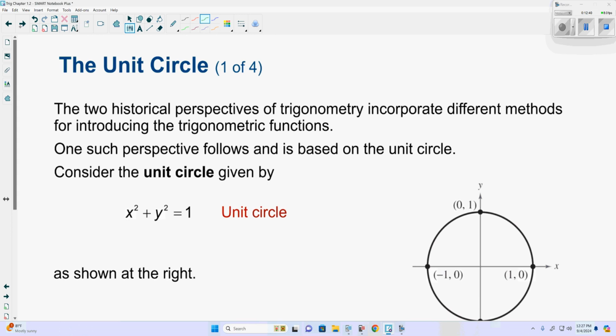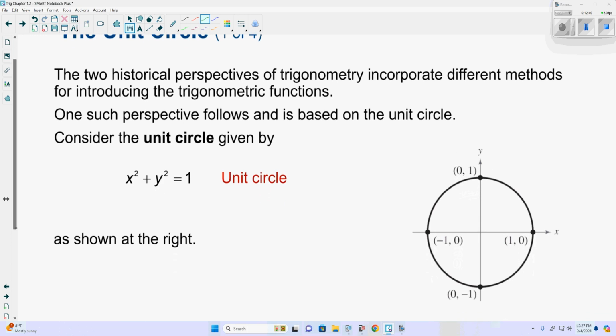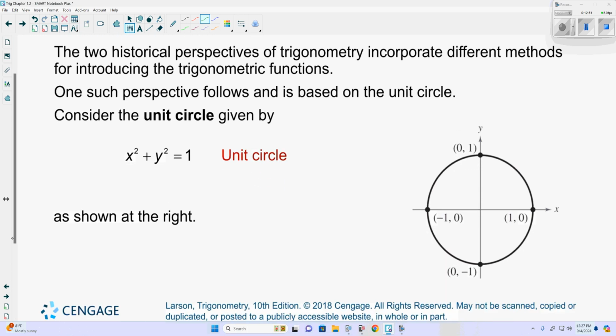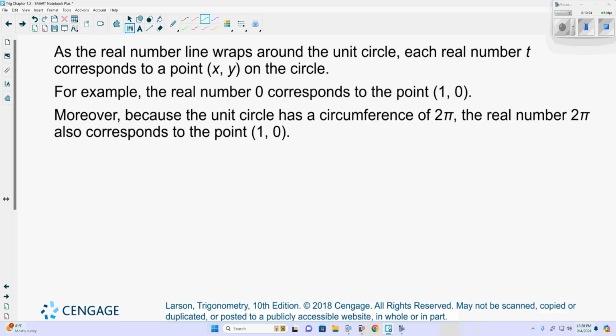Now, the unit circle. The two historical perspectives of trigonometry incorporate different methods for introducing trigonometric functions. One is based on the unit circle. Consider the unit circle given by x squared plus y squared equals 1. So, all points on this circle are distance 1 away from the center, the origin.